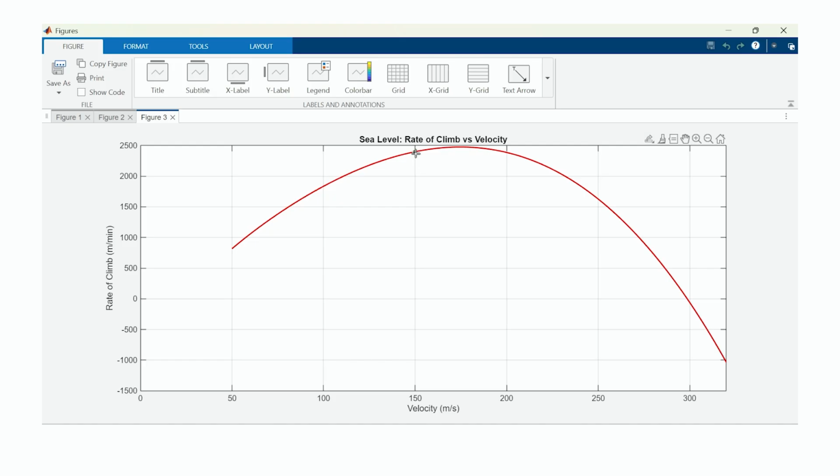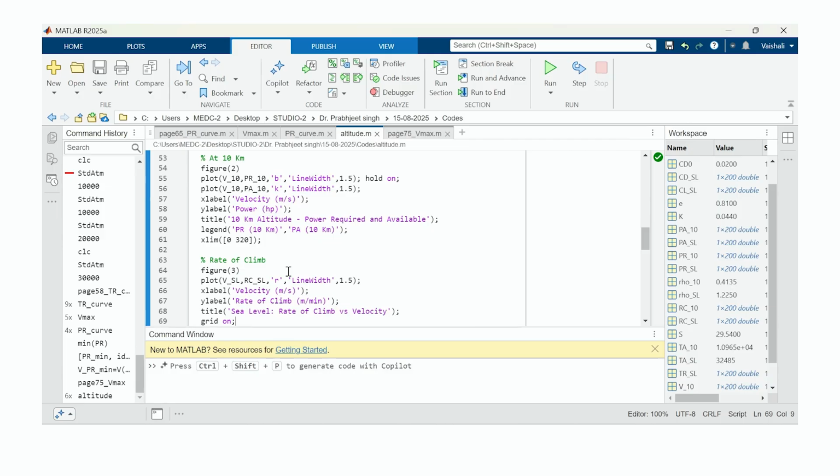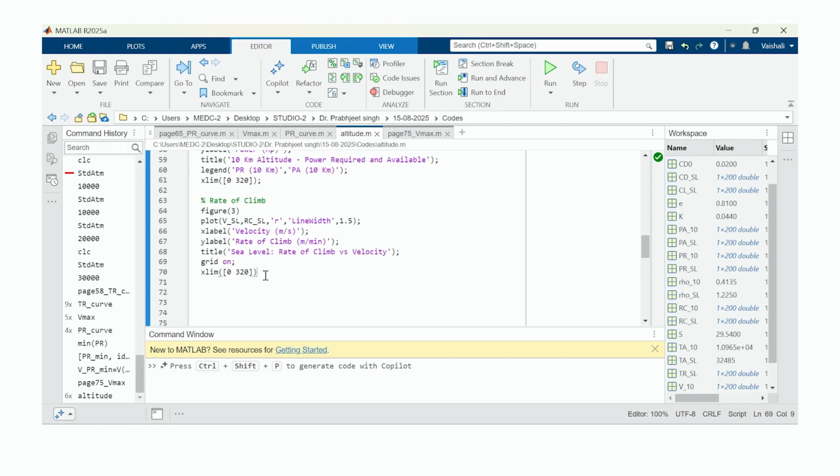So at 150 meters per second, we have approximately 2400 meters per minute as rate of climb. Now we can also do one more thing. Let us plot the hodograph at 10 kilometers.